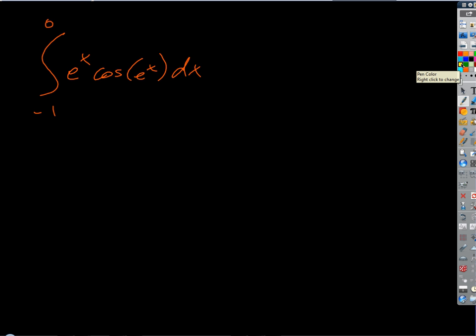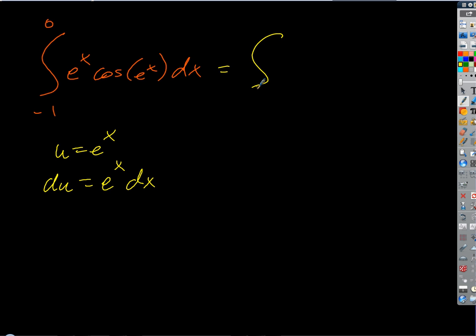What's u? Cosine e to the x, so u equals e to the x. du equals, e to the x, because e's a number, isn't it? What's the derivative of e to the x? e to the x, right? Okay, so then we end up with the integral of cosine u du from, well, where to where? If x is -1, what's u?